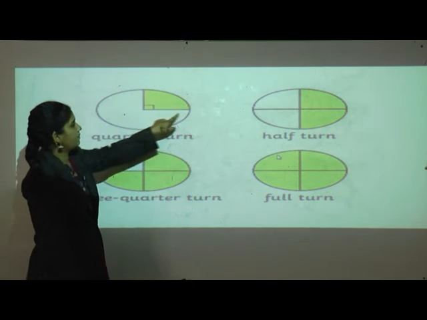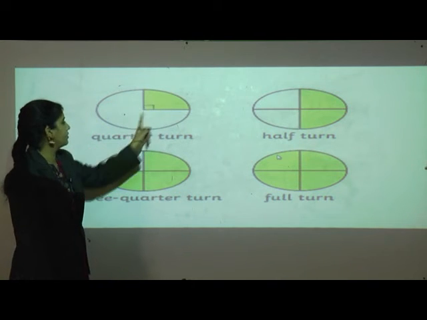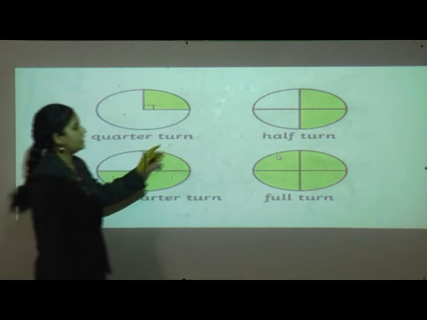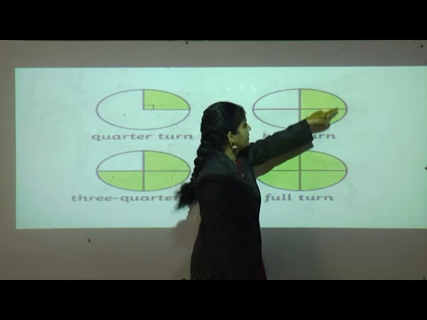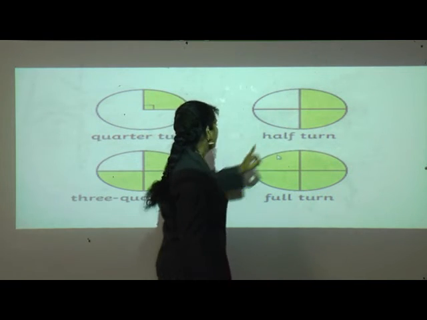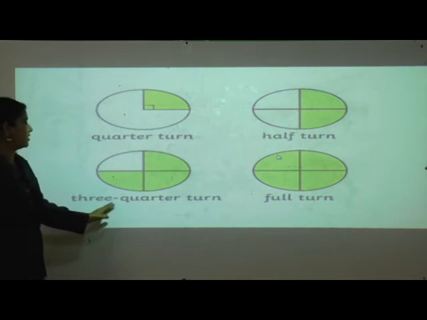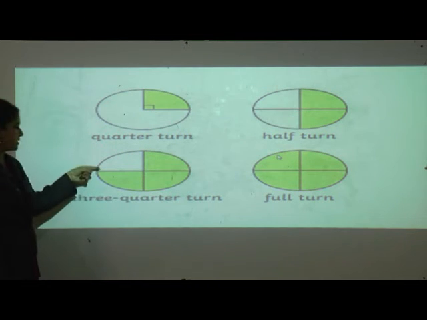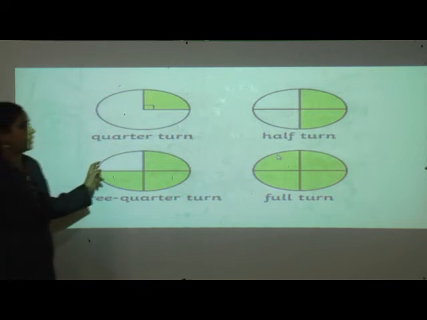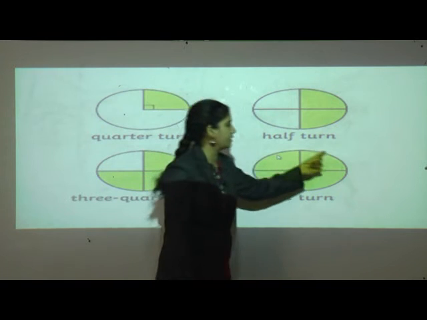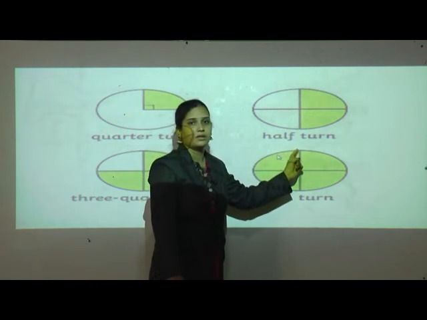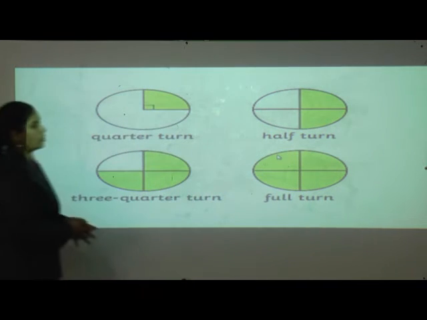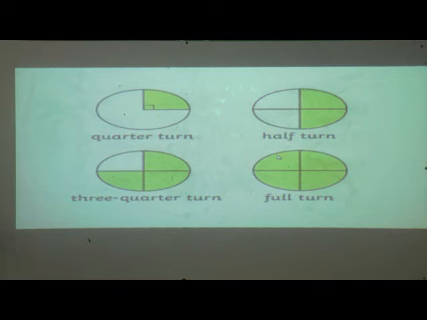Here the part shows us quarter turn, even half turn, see half turn. And this is a 3/4 turn, that means the figure will come in this direction. And full turn, you know that the full turn means it will come again here, isn't it? So all of you understood what is meant by quarter turn, half turn, 3/4 turn and full turn.